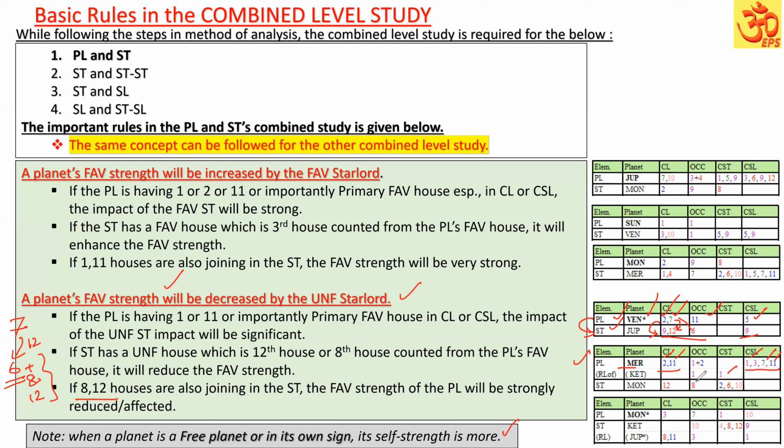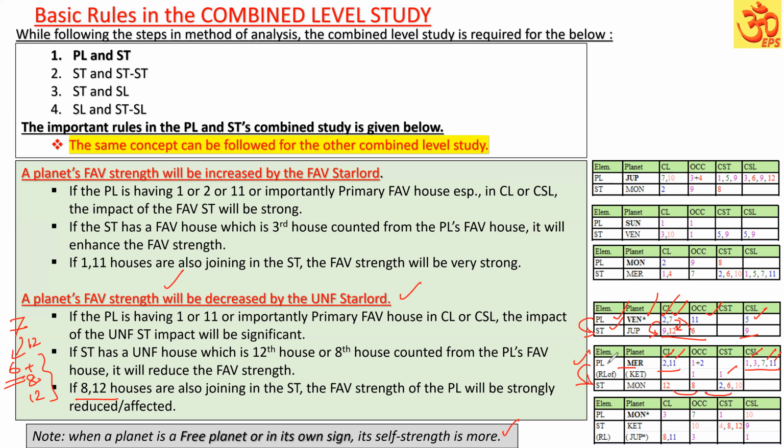That is also supportive. Now look at the star lord Moon, which is 12th lord occupying 8th house and 2, 6, 10 cuspal star lord. Though 2, 6, 10 is more concerned with professional prospects, when 12 and 8 are moving towards 2, 6, 10, they are all joining and supporting each other for the unfavorable.